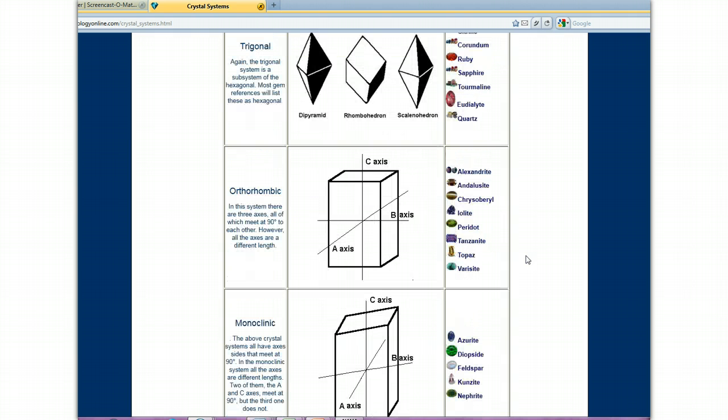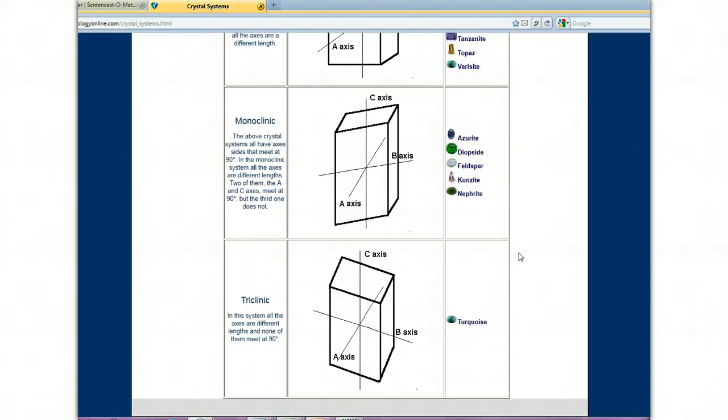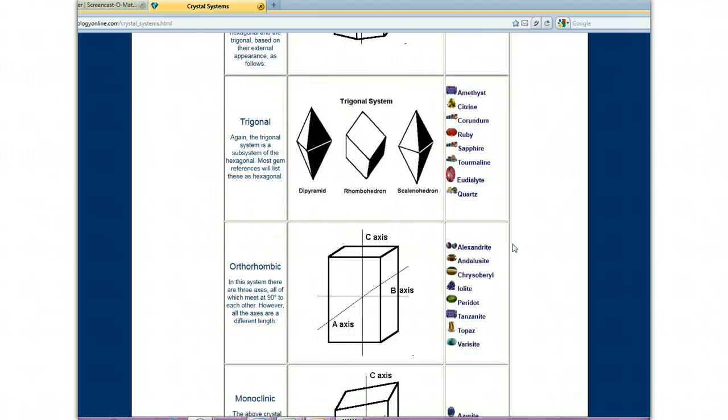Topaz, you may recognize as part of the orthorhombic. Azurite, which we can find here in Arizona, is considered monoclinic, and turquoise is triclinic. And those are just some examples. You can always go to gemologyonline.com to look at some other examples.